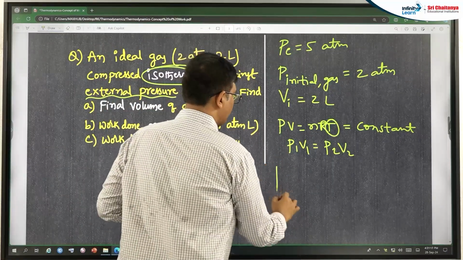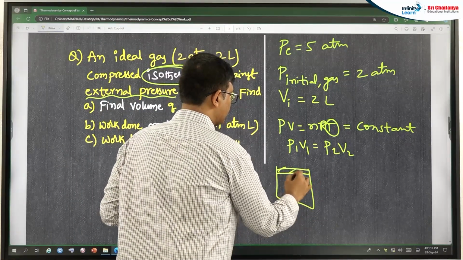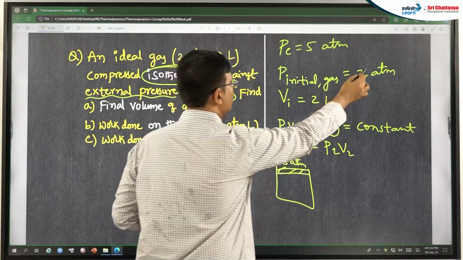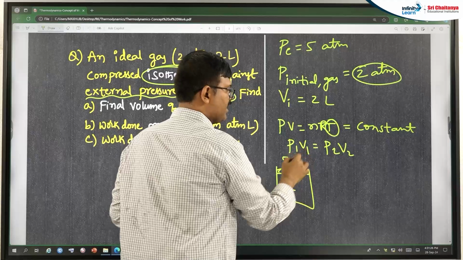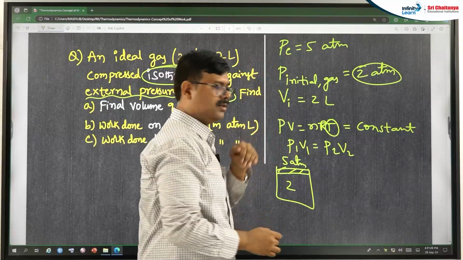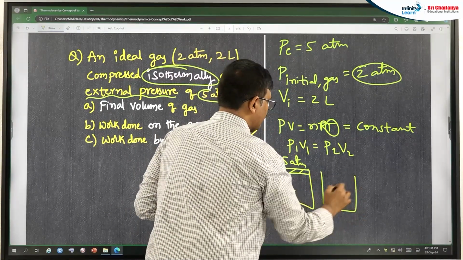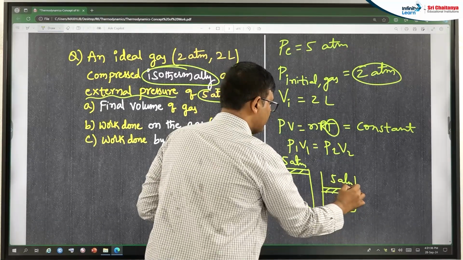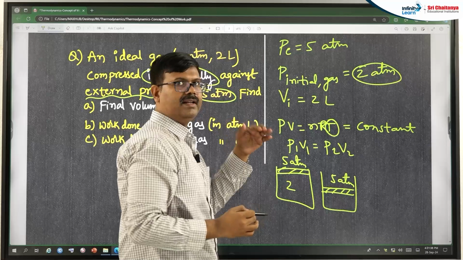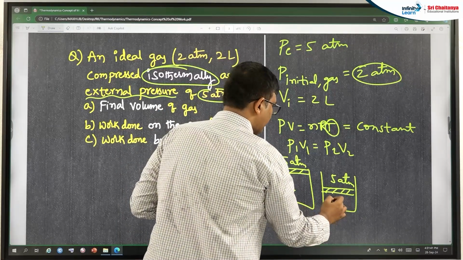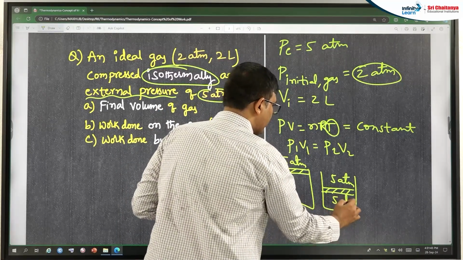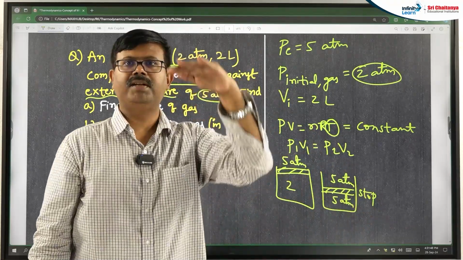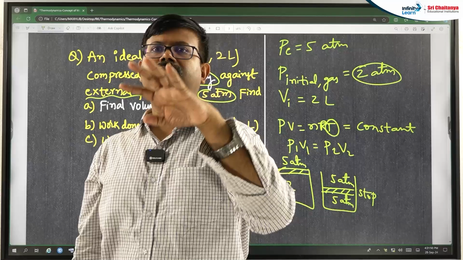See, there is a piston. External pressure is how much? 5. Internal pressure is initially 2. So external pressure is more, so the gas will compress, the piston will come down. External pressure is constant only. Internal pressure will increase when the piston comes down, and when internal pressure also becomes 5 atm, the piston comes to a stop. It does not move further. That is the final stage.